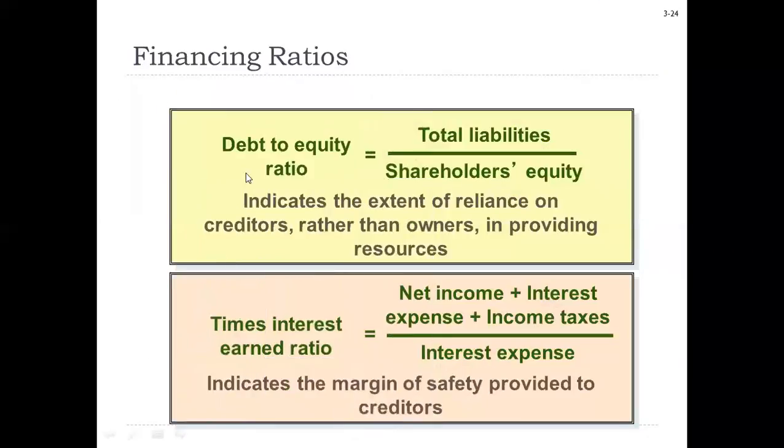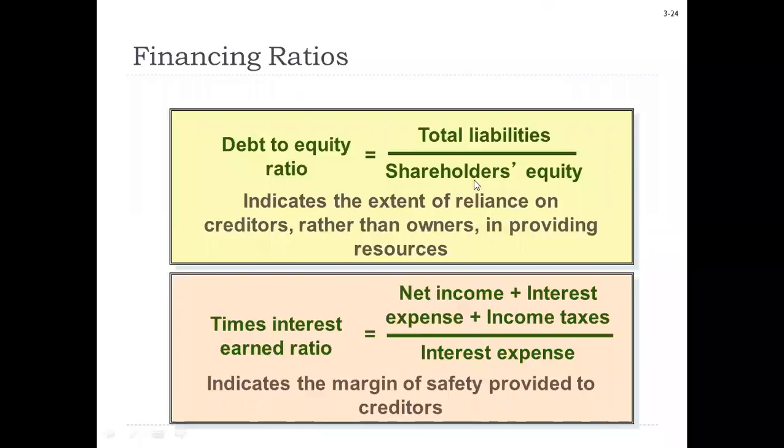A couple of financing ratios that we'll see. The debt to equity ratio is your total liabilities divided by your stockholders' equity. That measures how much a company relies on loans, on debt, rather than owners.